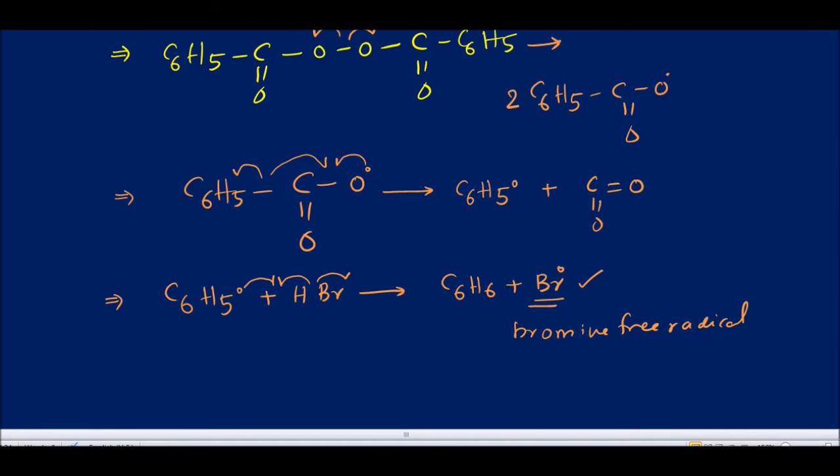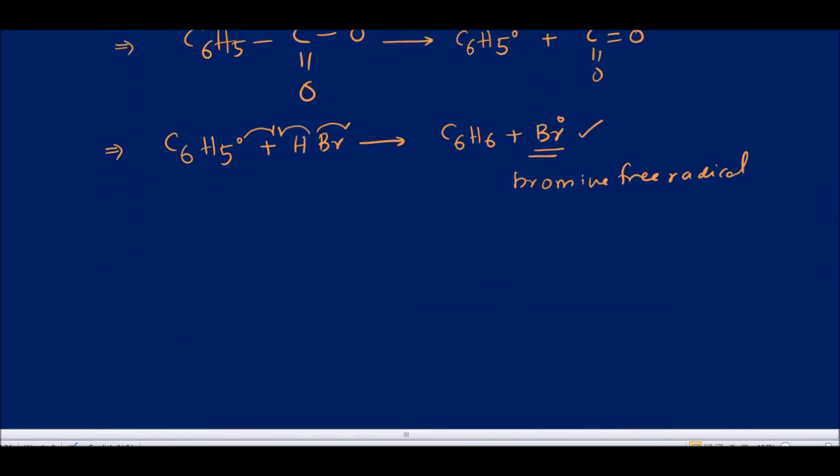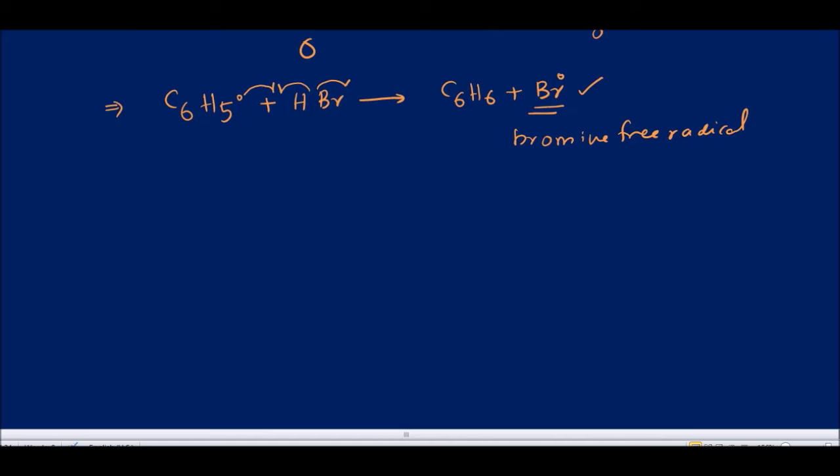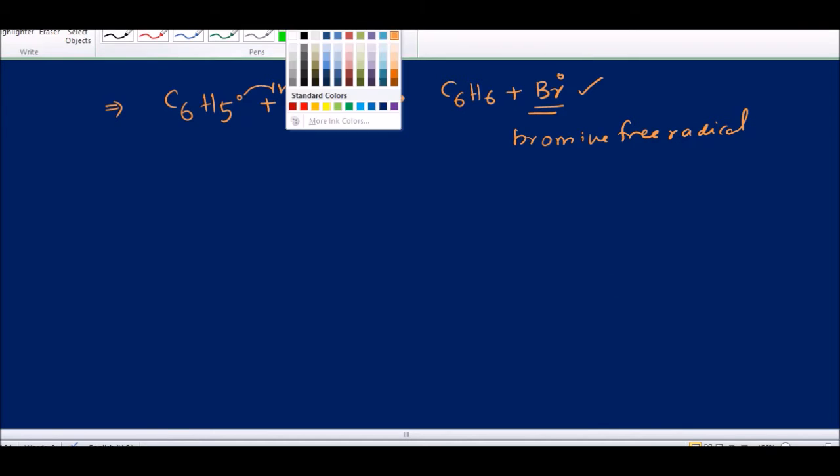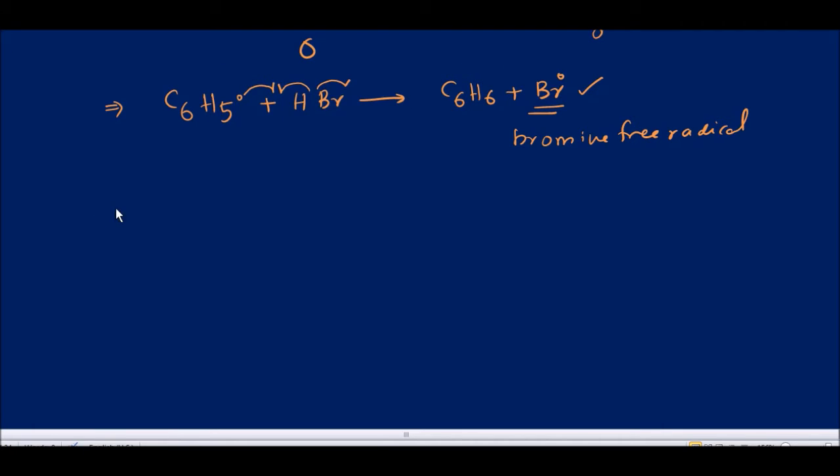So how does the reaction continue? The reaction can be continued as follows. We can take the most suitable example, CH3, CH double bond CH2. The compound is propene. When the propene is in contact with this Br radical, what happens?